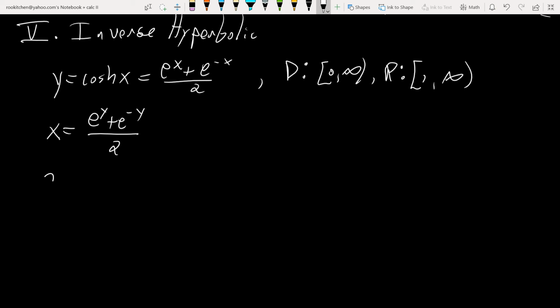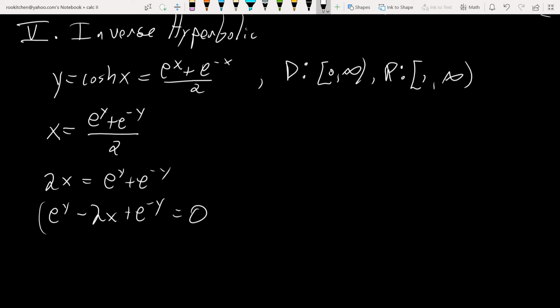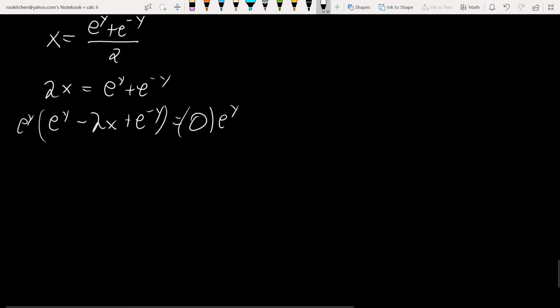Multiply both sides by 2. 2x is e to the y plus e to the negative y. Set it equal to 0: e to the y minus 2x plus e to the negative y is 0. Multiply both sides by e to the y because we're trying to get a quadratic form out of it so we can solve for y.